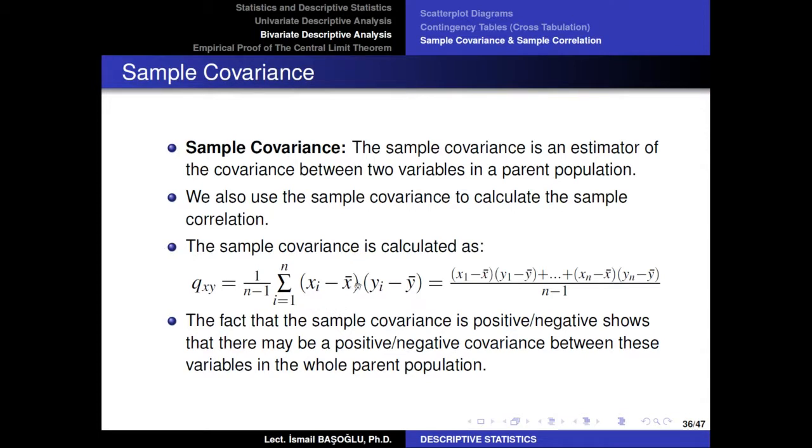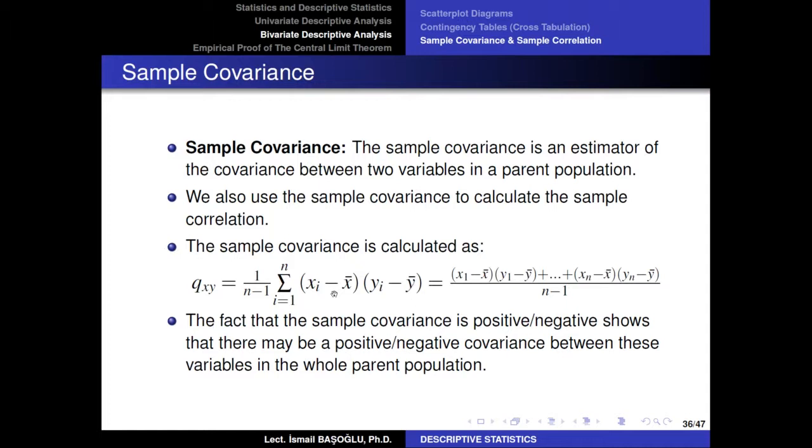So in order to statistically estimate this theoretical covariance, first we need to calculate the sample averages for the two variables, x bar and y bar. We subtract the sample average of x from the x value of each member, and we subtract the average of y values from the y value of each member, and we multiply these two values for each member, and over all members we sum up these products of two deviations.